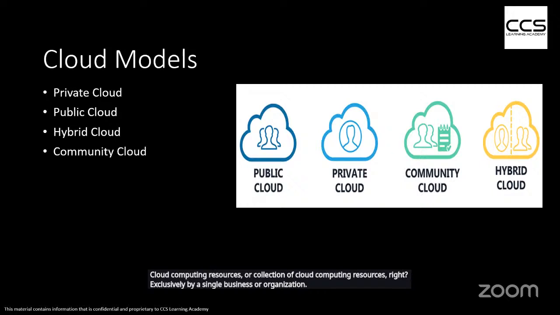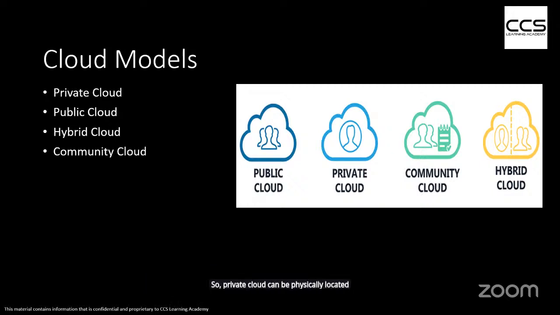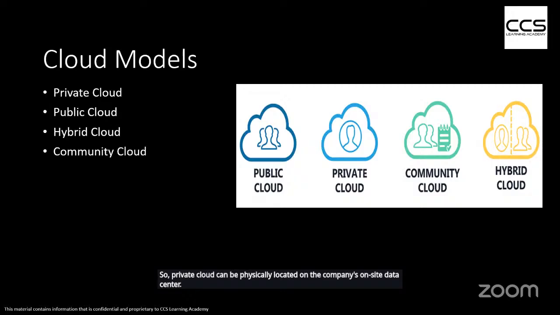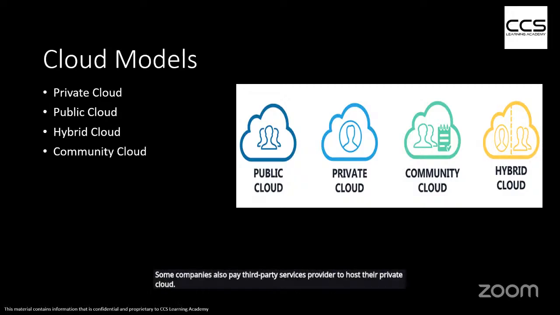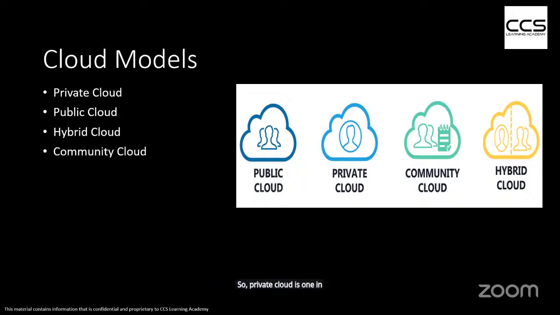A private cloud can be physically located in the company's on-site data center. Some companies also pay a third-party service provider to host their private cloud. A private cloud is one in which the services and infrastructure are maintained on a private network.